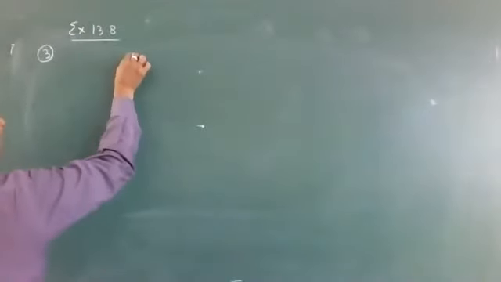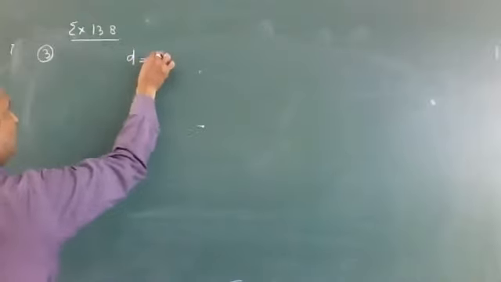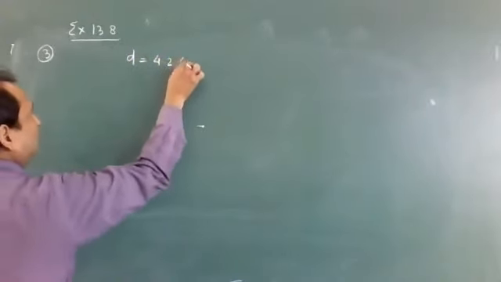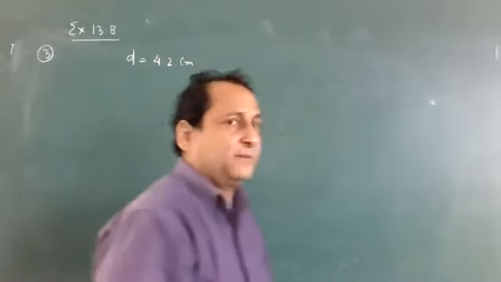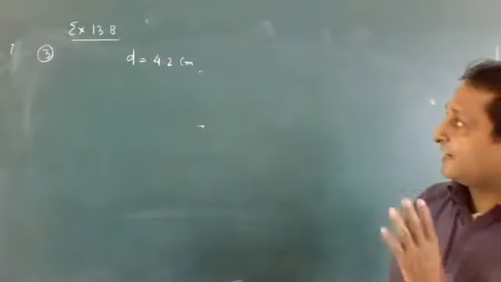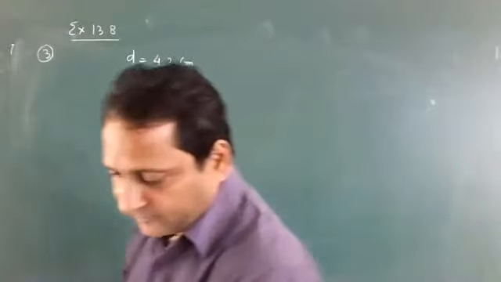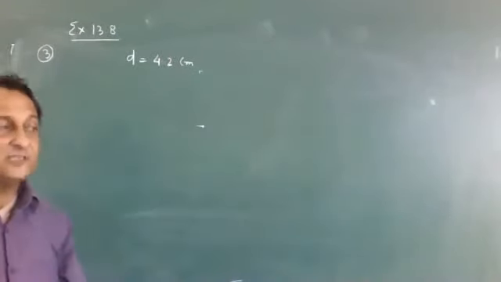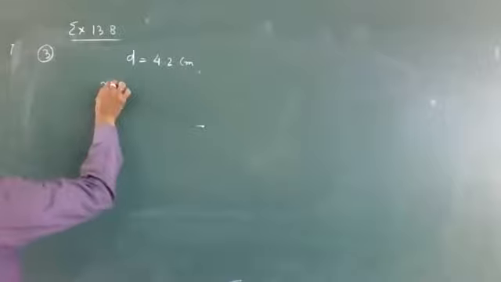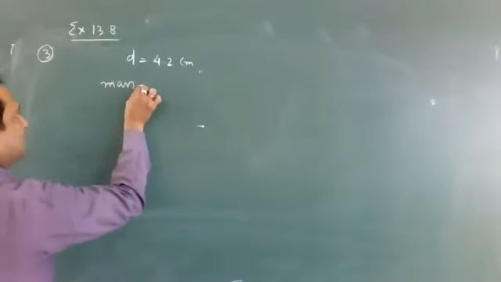That is, we have a metallic ball, a ball made of metal, whose diameter is 4.2 centimeter. Now it asks, what is the mass of the ball?